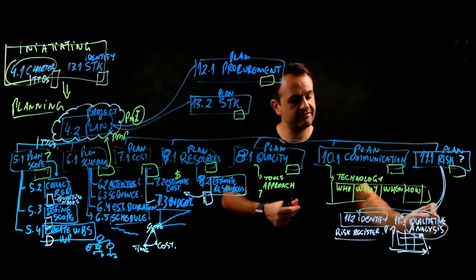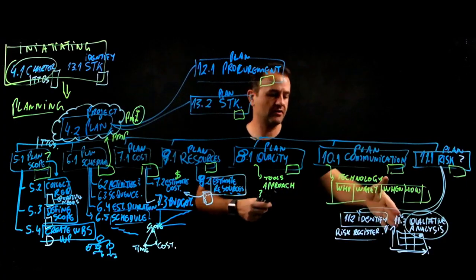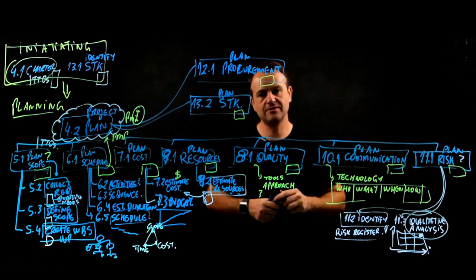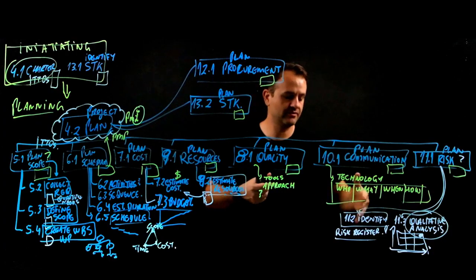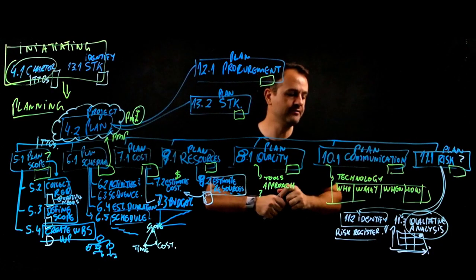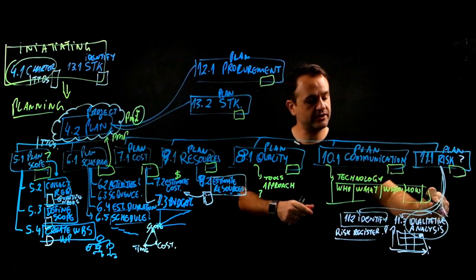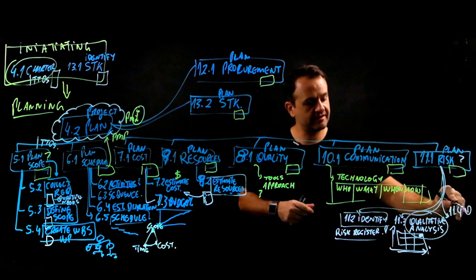The qualitative analysis means we're using colors, for example, or we are using adjectives, high, medium, low, red, yellow, green, and so on. And sometimes we want to do the simulations, which is 11.4 quantitative analysis.